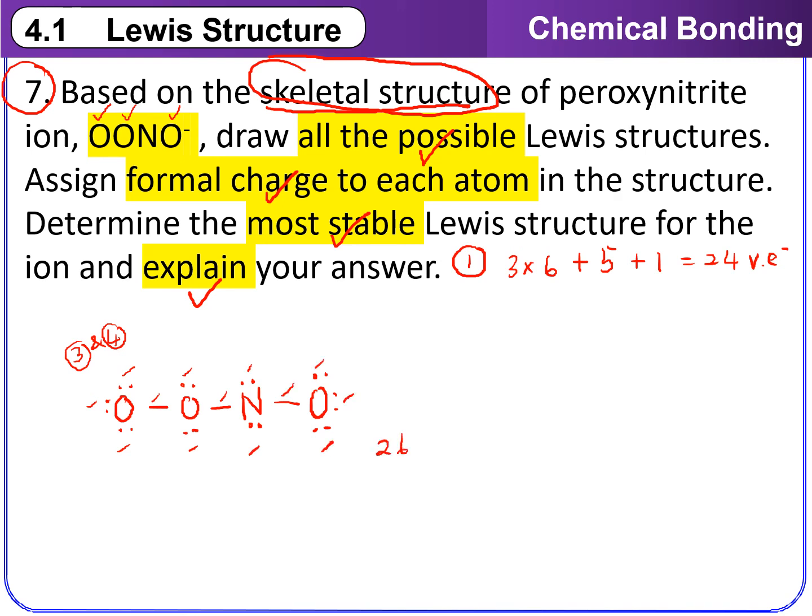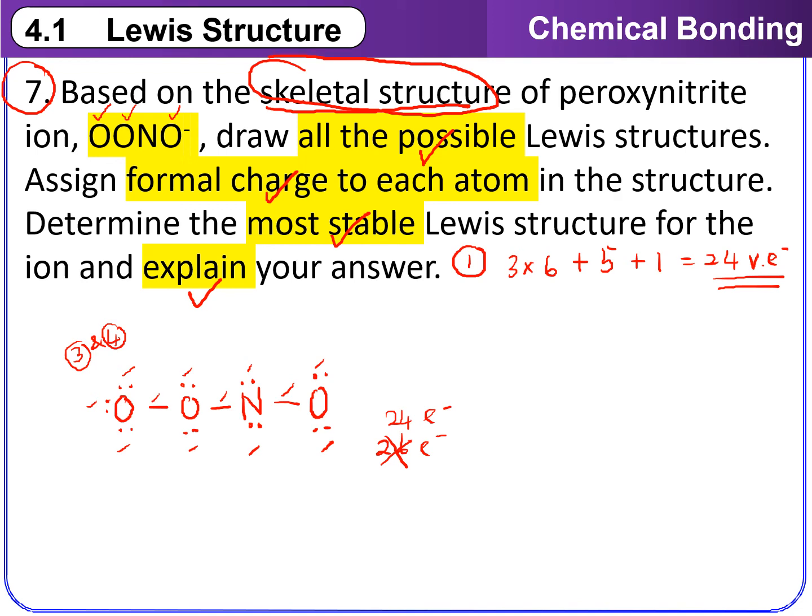So based on this, here we have 26 electrons. But here we only have 24. That means you already drew an extra 2 electrons. So that's why we erase 2 electrons first. And then now the electrons are 24.